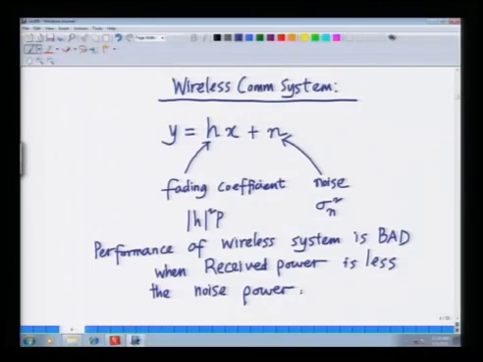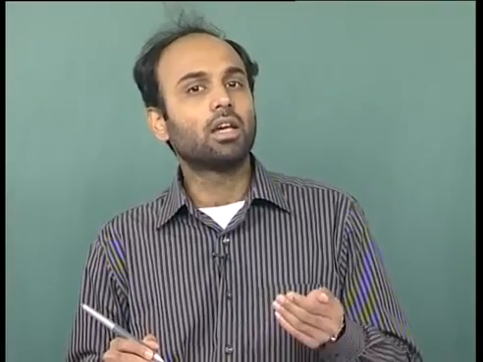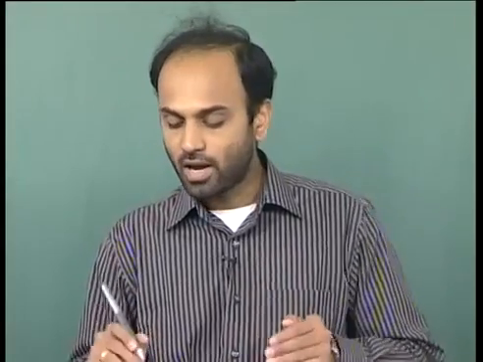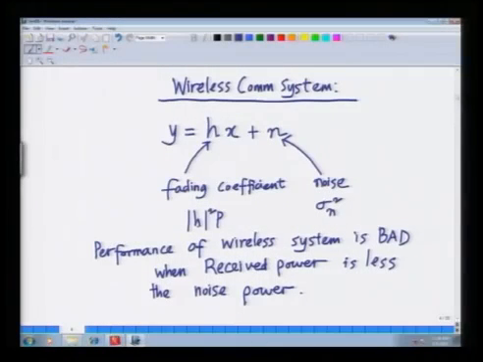What we are saying here is as follows: in a wireless communication system, the received power is norm h square, or the gain of the channel, times the transmitted power p. The noise power is sigma n square, and at times there is destructive interference in the channel due to the multipath propagation environment, and the power of the received signal is small when norm h square times transmit power is less than sigma n square, that is the noise at the receiver.